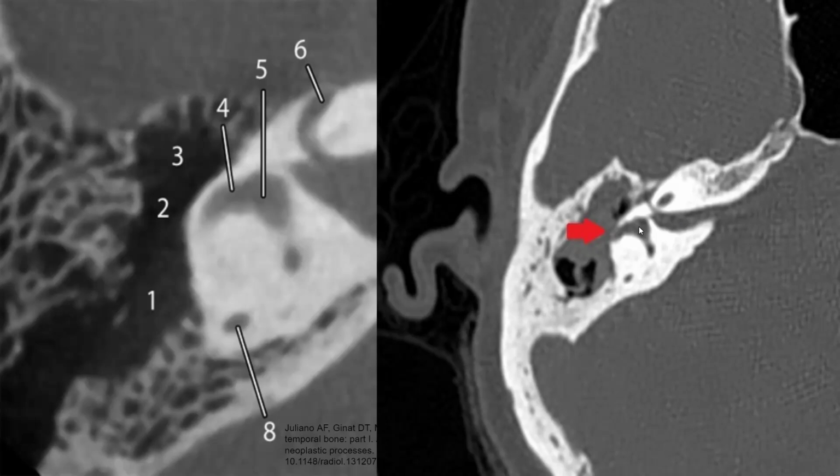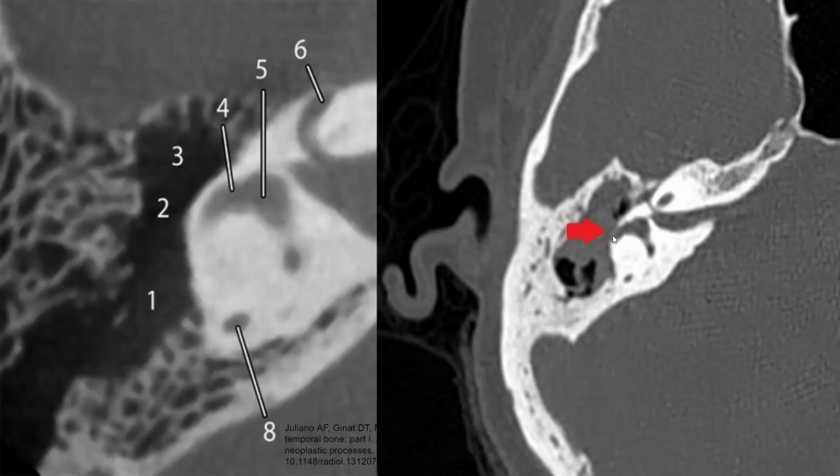We can see this thin lucency going to the vestibule, and the vestibular nerve goes here, and then it also goes to the cochlea. So cranial nerve 8 goes to the vestibule, and we see this little thin line. So the internal auditory canal carries 7 and 8. This thin line, the vestibular nerve specifically, is going into this vestibule.